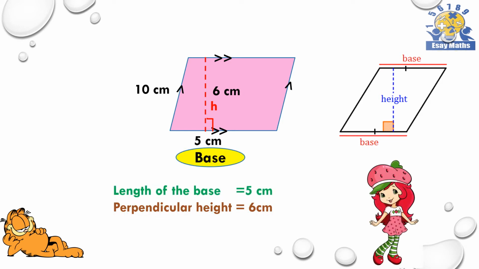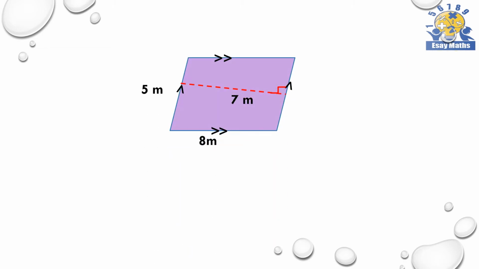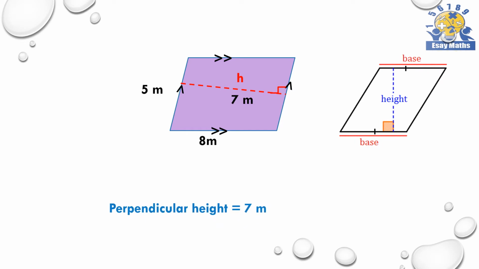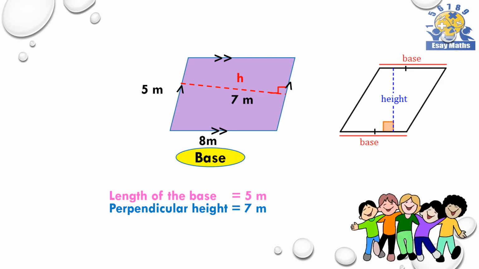Now we can observe the side which is touching the perpendicular. So the length of the base is 5 centimeters. Second example. Now it's so simple. Perpendicular height is 7 meters and the length of the base is 5 meters.